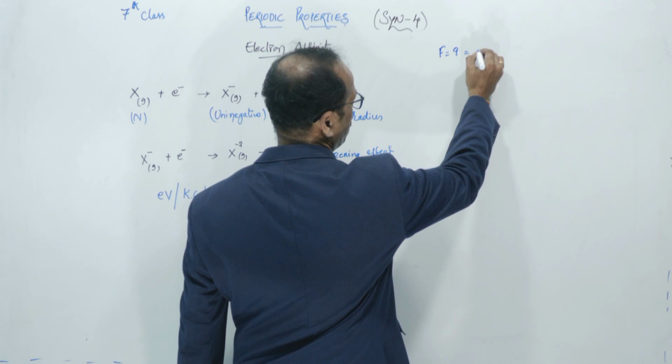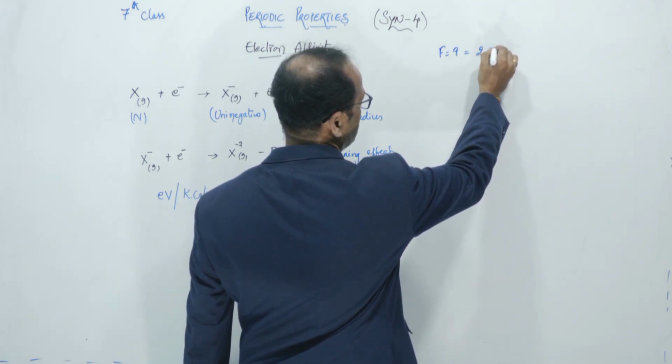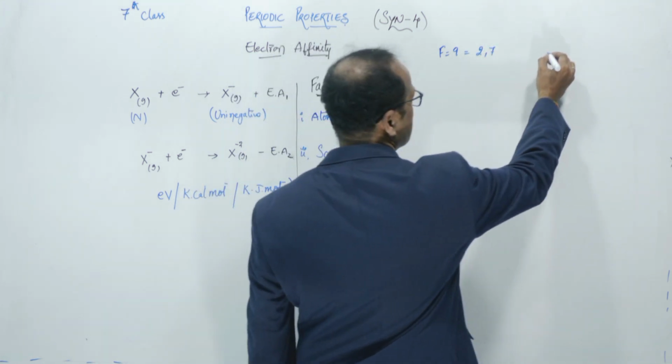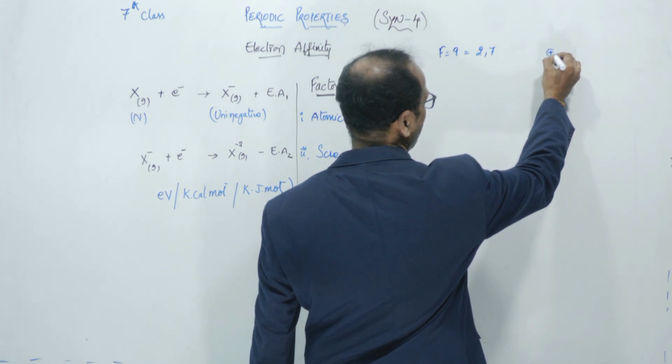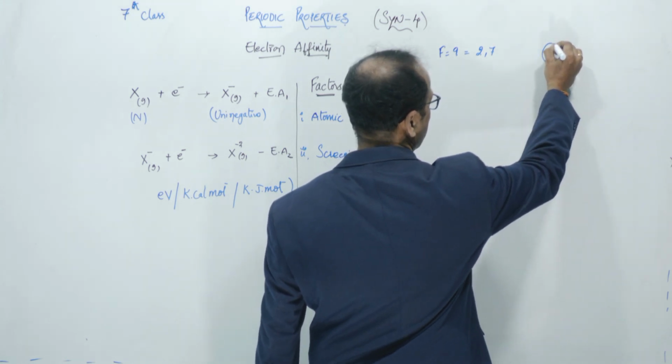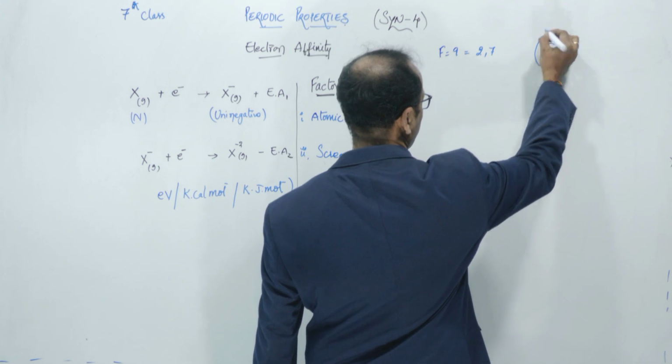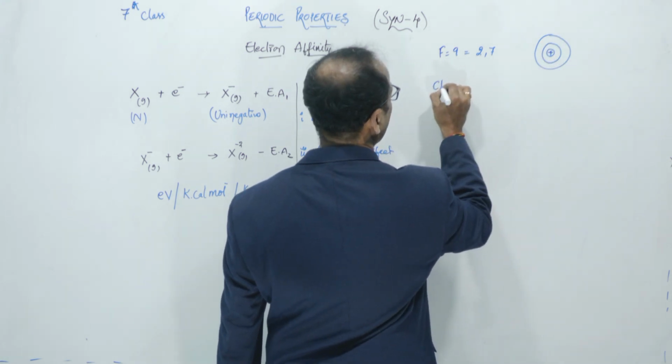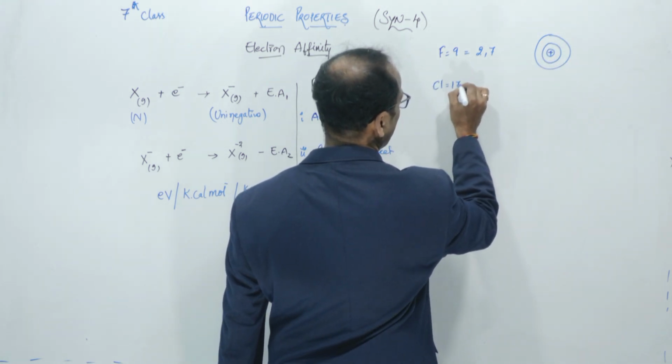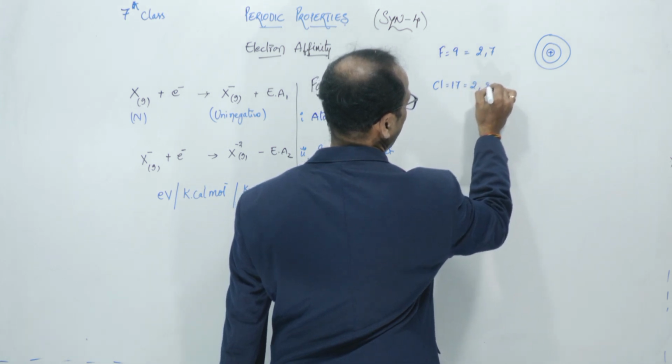What is the electronic configuration? 2, 7. So what is its structure? This is the nucleus, this is the first shell, this is the second shell. Now let us take chlorine. Chlorine's atomic number is what? 17.